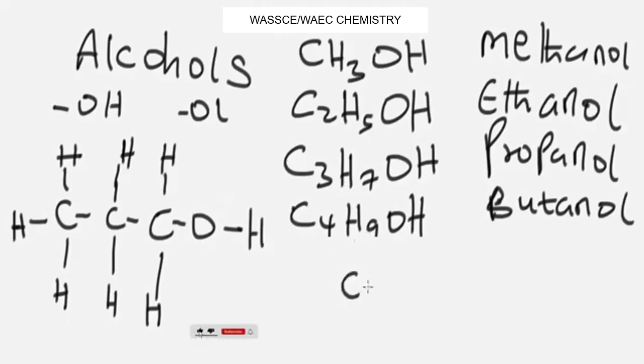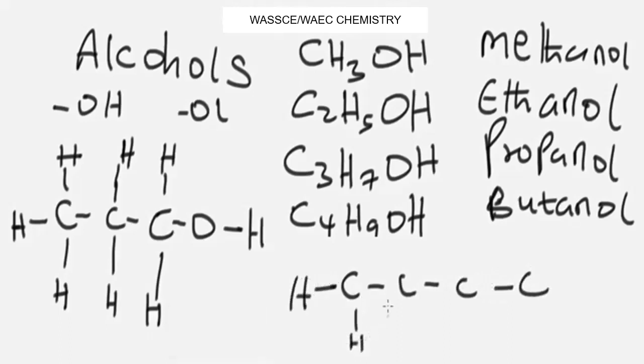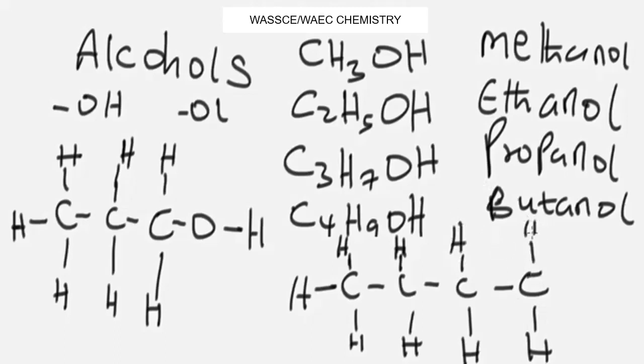The structure will look like this. Butanol has four carbon atoms, so the structure will look like this. This will be the chemical structure for butanol.